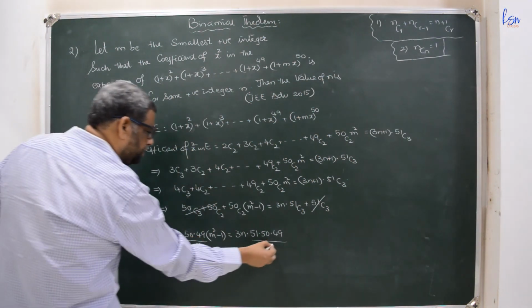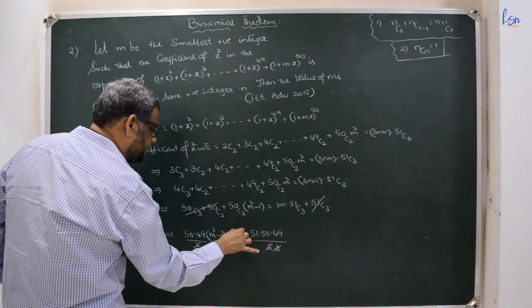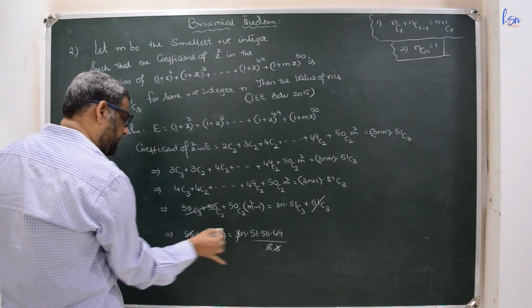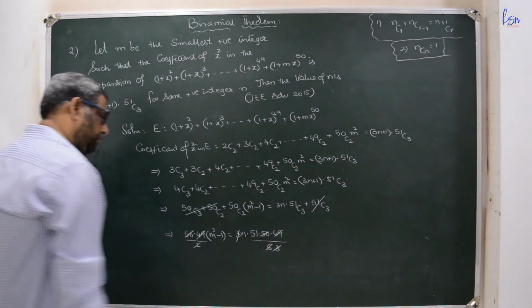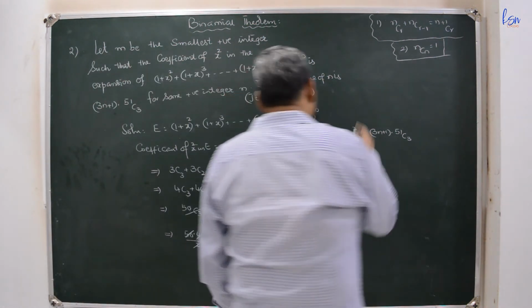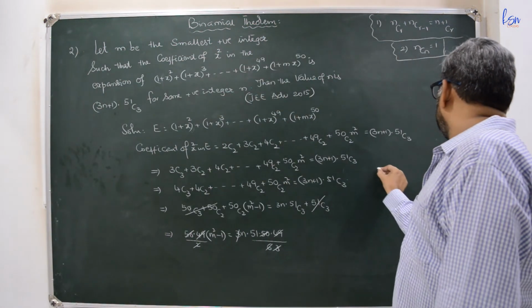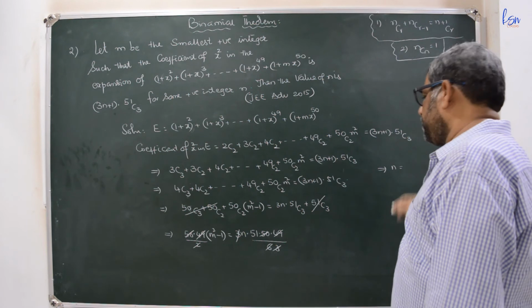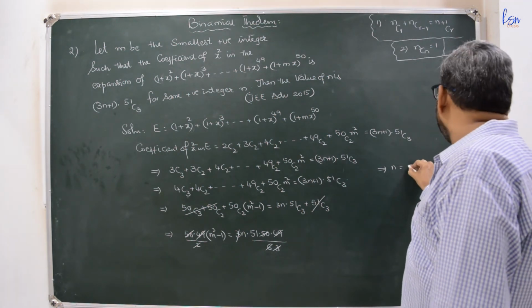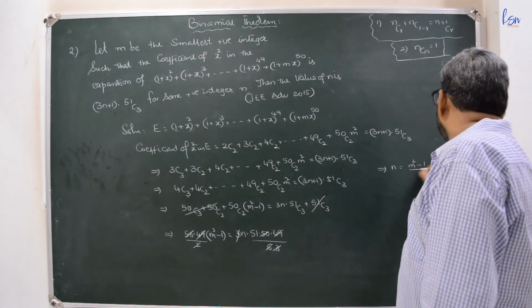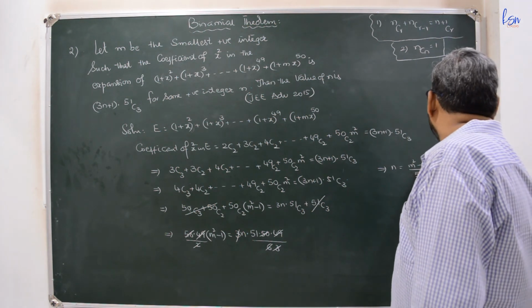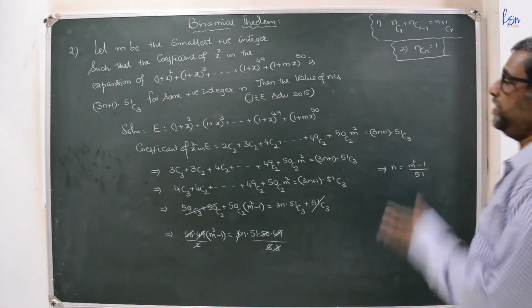This is 2, 3 times, this 3 will get cancelled, 50 and 49 get cancelled. So it implies n is equal to (m square minus 1) by 51.